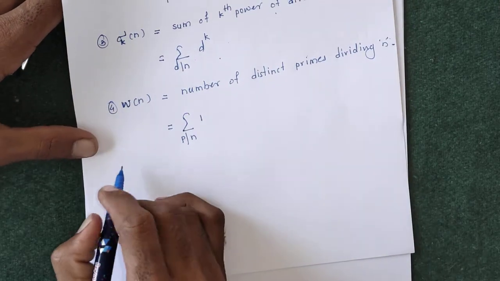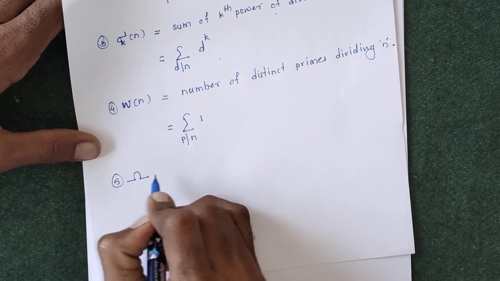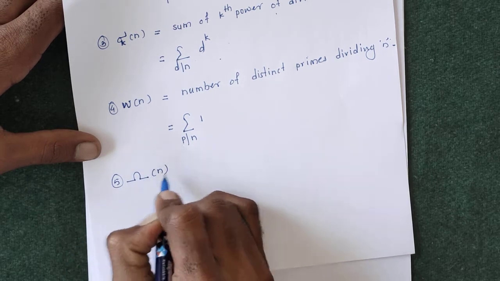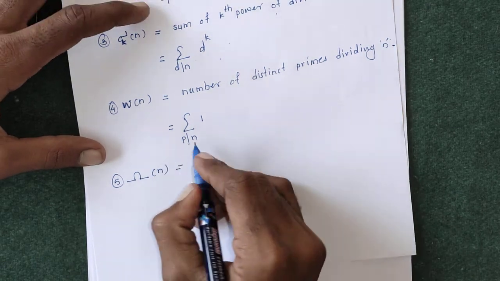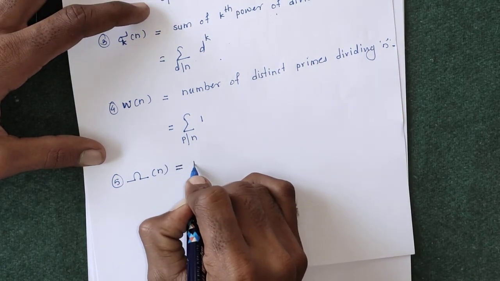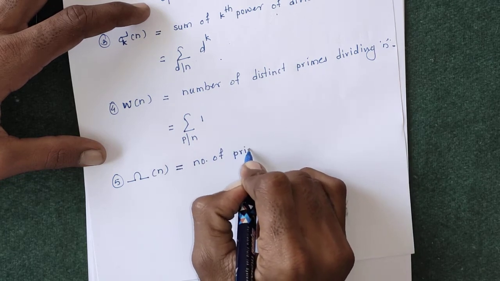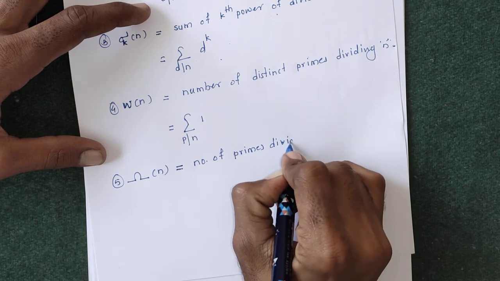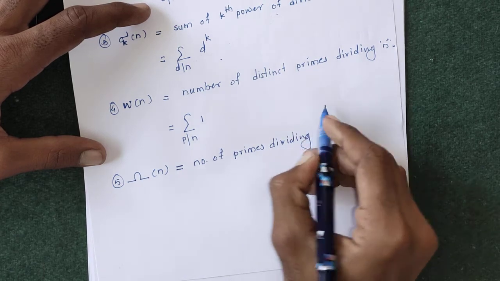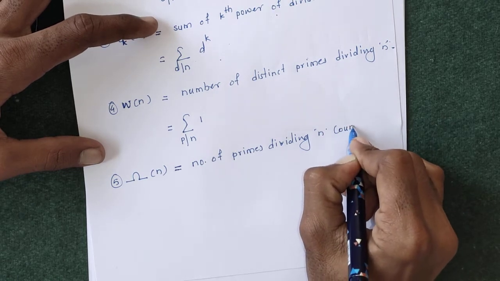Fifth definition, the last definition of the arithmetic functions, is ohm of n. Ohm is the notation that you have seen in physics, Ohm's law. So ohm of n is the number of primes dividing n, counting multiplicity.